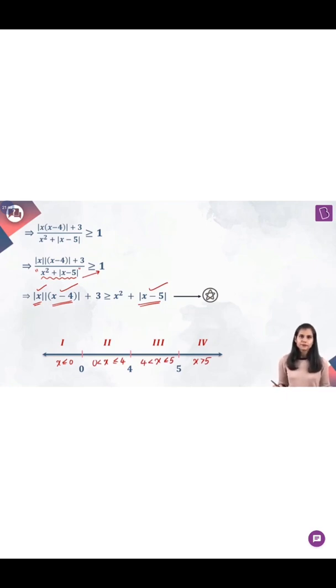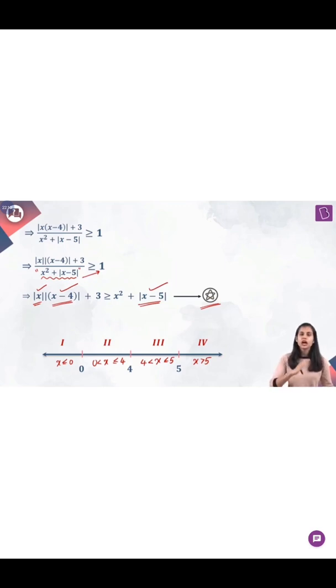I want to find those values of x which satisfy my star inequality. Yes. But the problem is that I have got 4 regions. So what will I do? I will solve this star inequality in the first region, in the second region, in the third region, in the fourth region. And I will get 4 solution sets corresponding to these 4 regions.